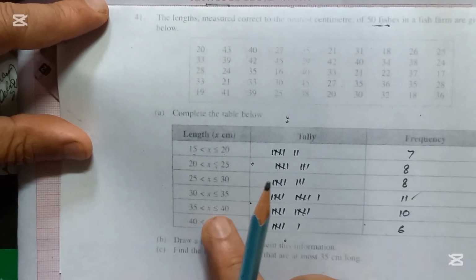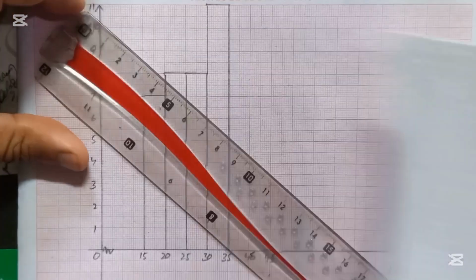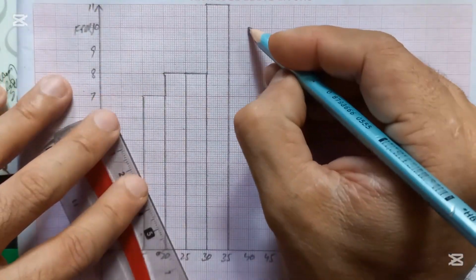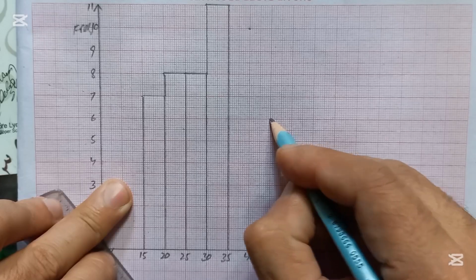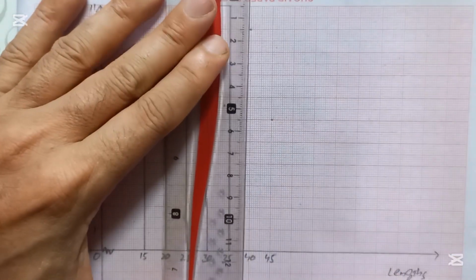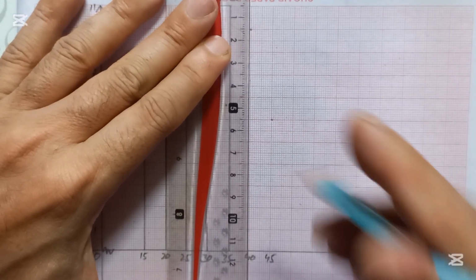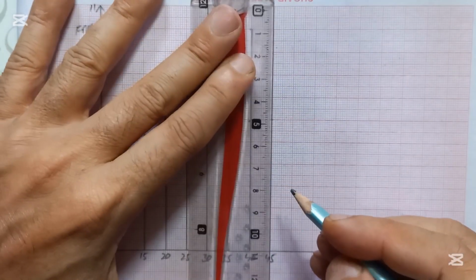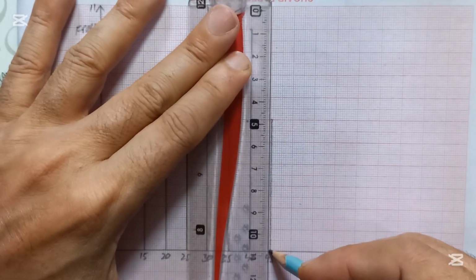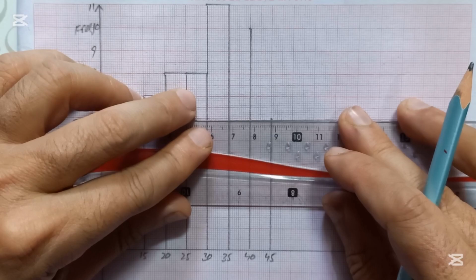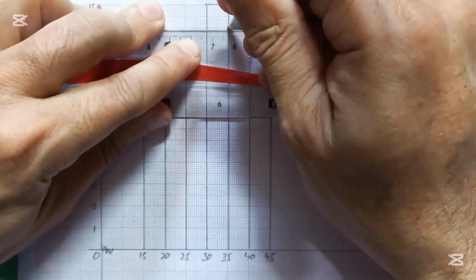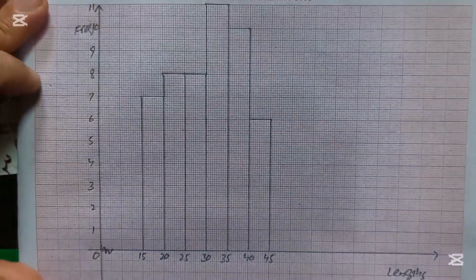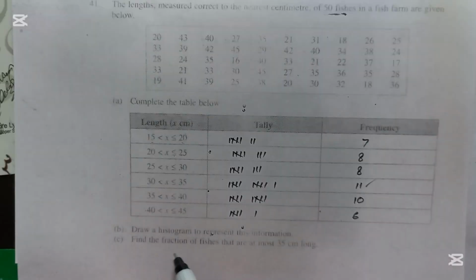Next is 35 to 40, 10, and then 6. So here is 10, and here is 6. So this is the histogram. Next requirement is to find the fraction of the fish that are at most 35.